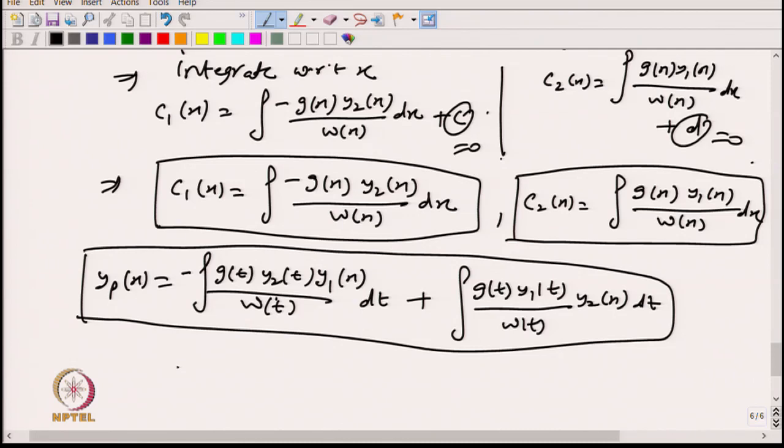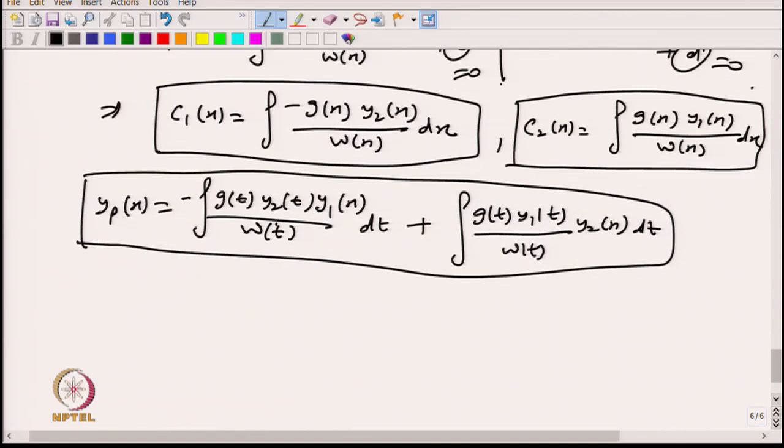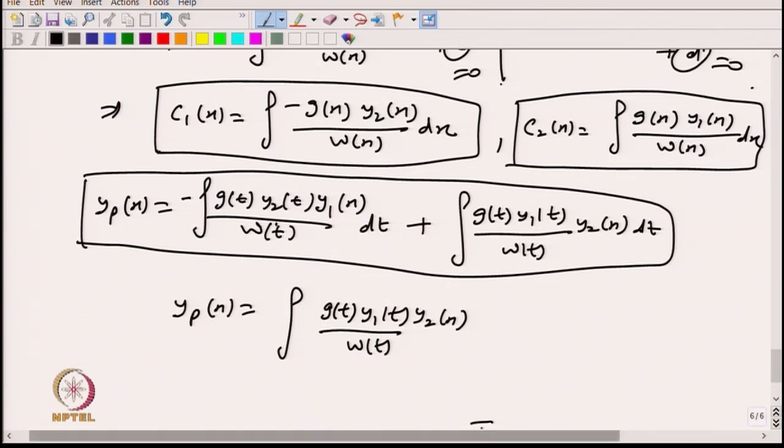This particular solution you can further write as a single integration: g(t) y1(t) over w(t) times y2(x), minus g(t) y2(t) times y1(x), dt.